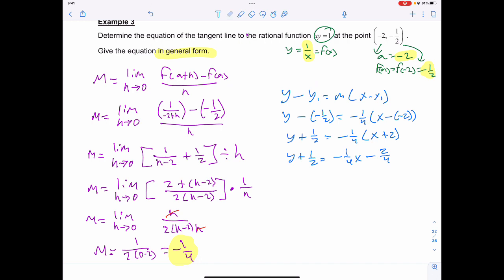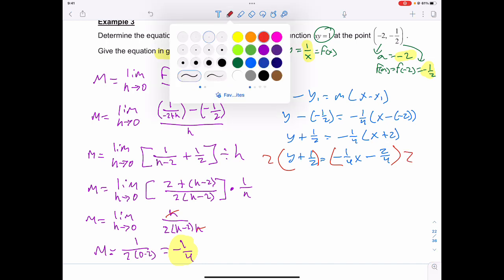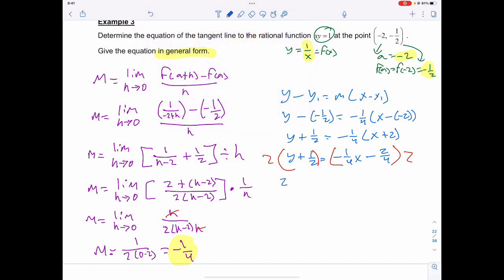And I'm going to multiply every single term by 4 because I want it in general form, so I need to get rid of those fractions. Sorry, not by 2, by 4. So I wind up with 4y plus 2 is equal to -x minus 2.